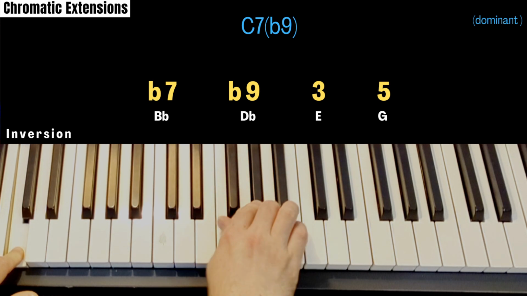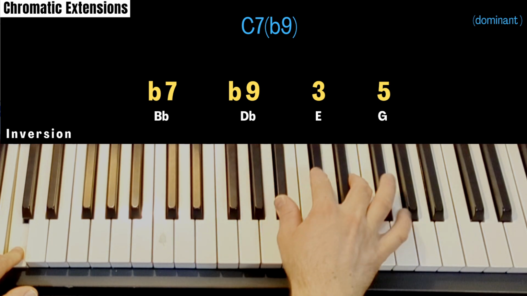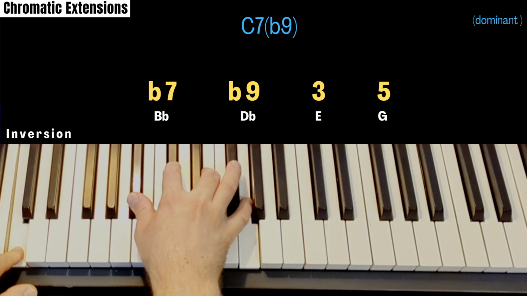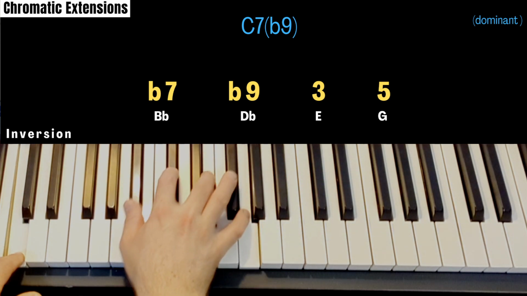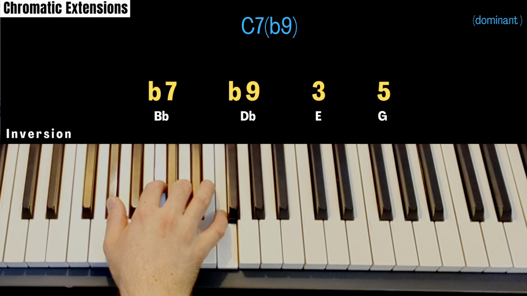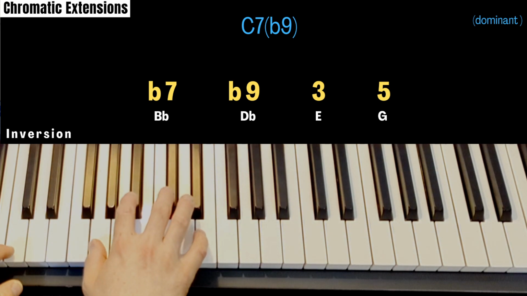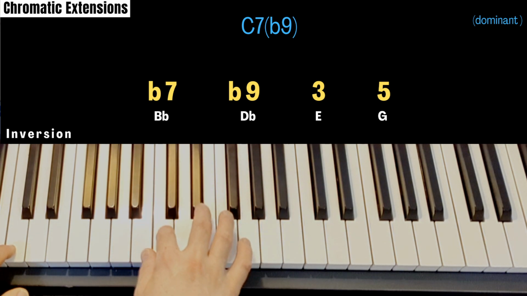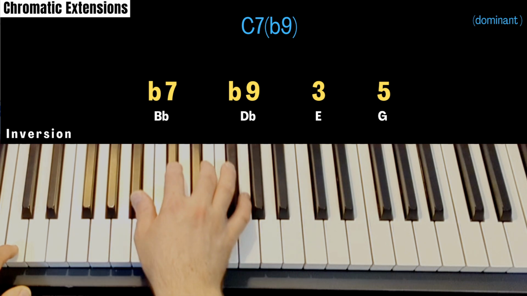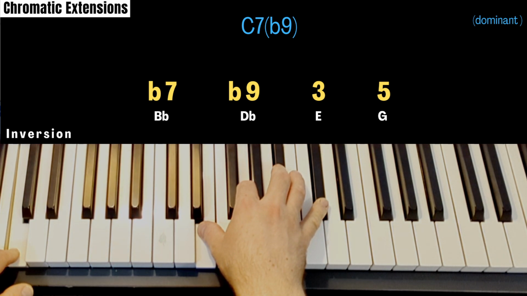And if I kept inverting it, we're back to the start. So for that reason, I don't really have a particular inversion because they're all symmetrical. It will really work off any of those chord notes, except I am not playing the root note in the right hand. Okay, so that's C7 flat 9.